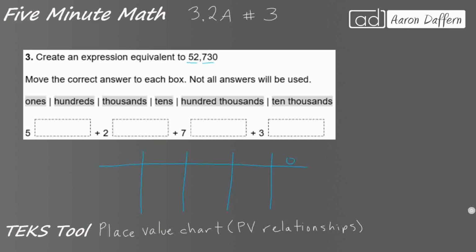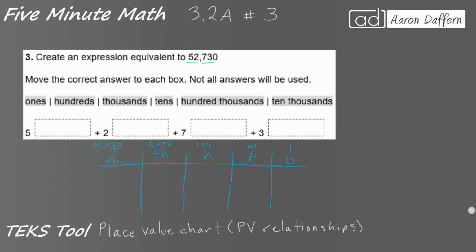So that's going to be my ones, my tens, hundreds, thousands, and 10,000s. Okay, we can label it like that. We can also put the values if that helps us, right? We can put ones, tens, 100. Obviously, we get quite a few zeros by the end. But sometimes your place value chart makes more sense doing it that way.